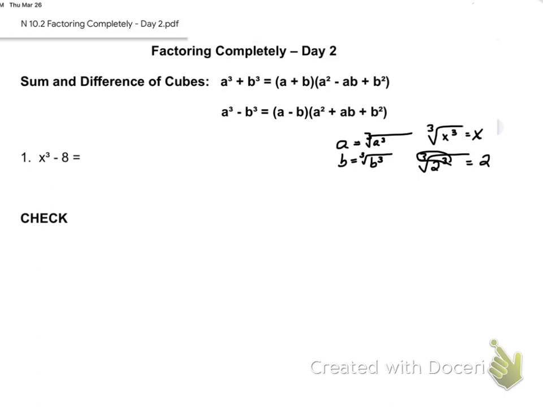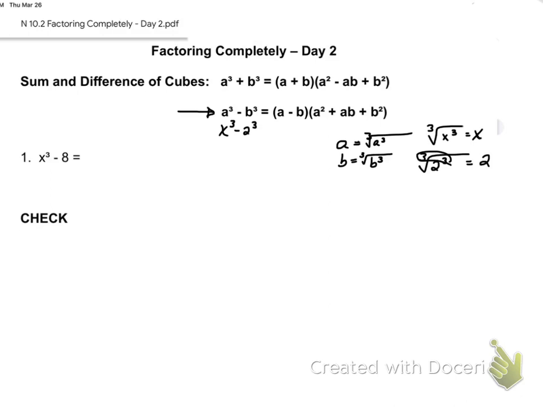And we're going to follow this pattern. We have a difference because we have a minus sign, so we're going to use this pattern right here. So here we have our x cubed minus 8, which would be the same as x cubed minus 2 cubed.